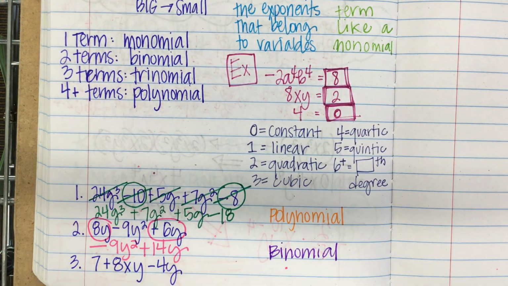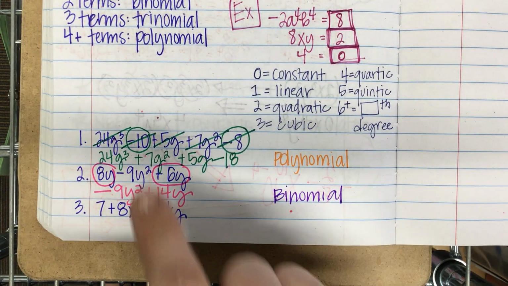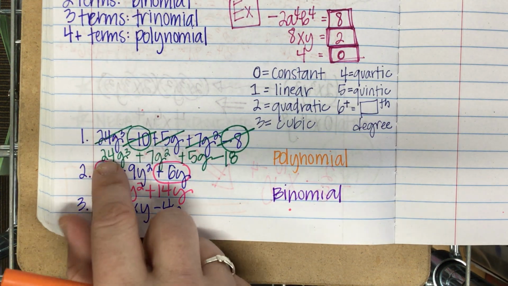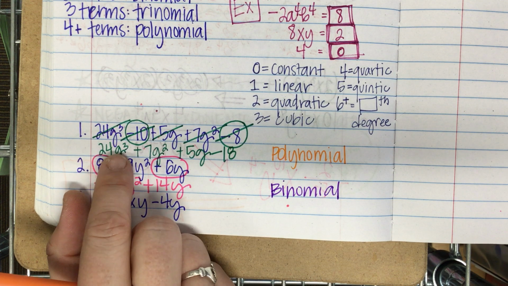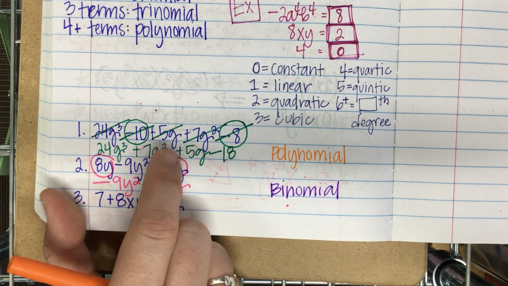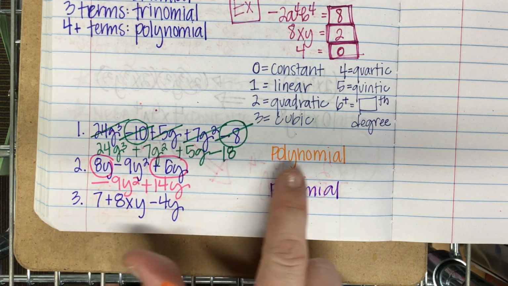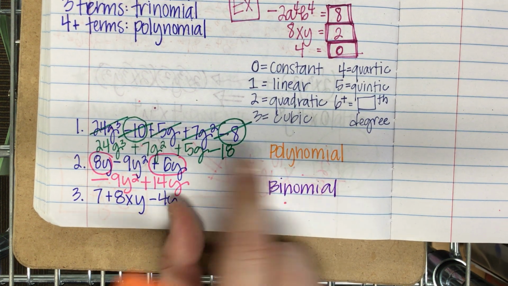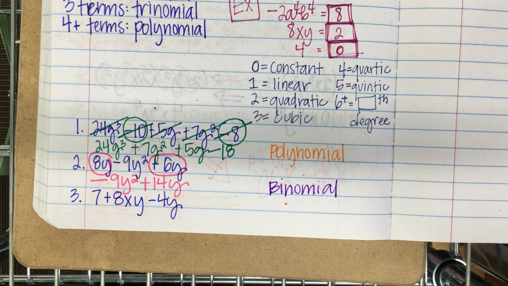So let's talk through the other name of these. Example number 1, when we wrote it in standard form, 24g to the 3rd plus 7g squared plus 5g minus 18, we said that was a polynomial. But what kind of degree polynomial? Cubic.